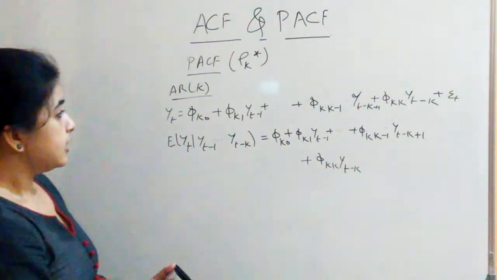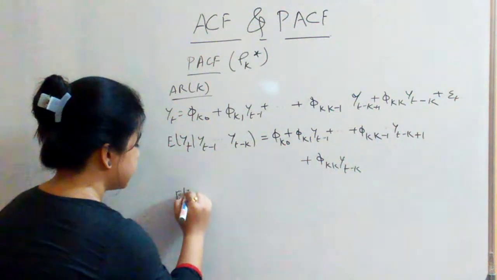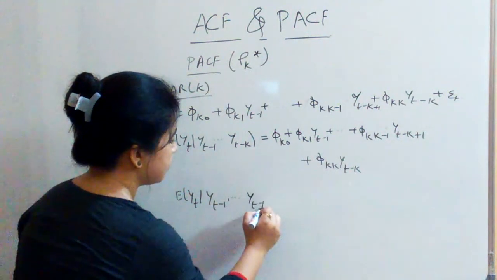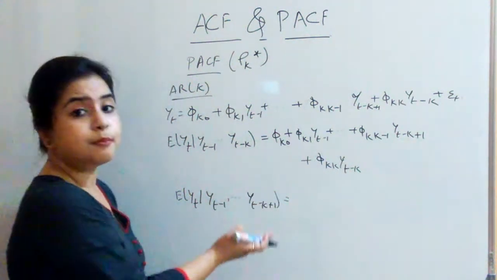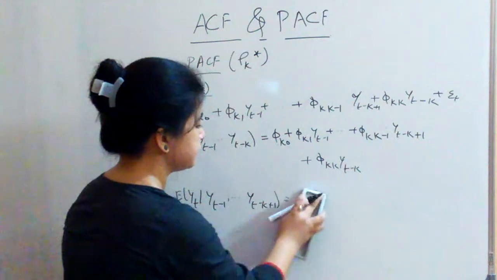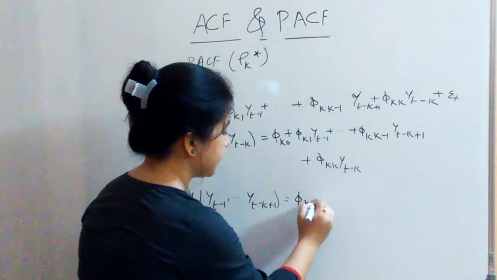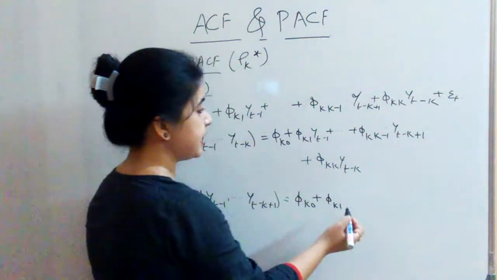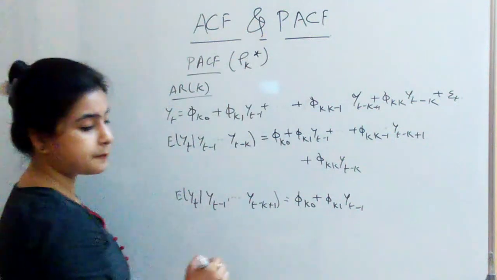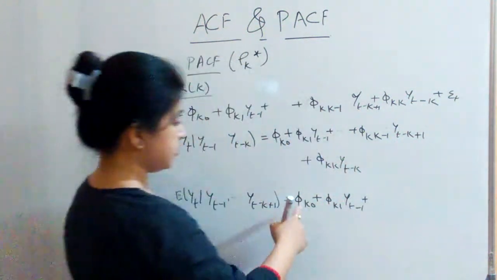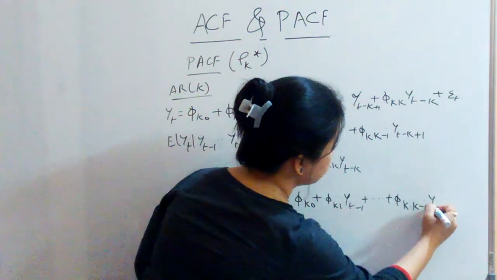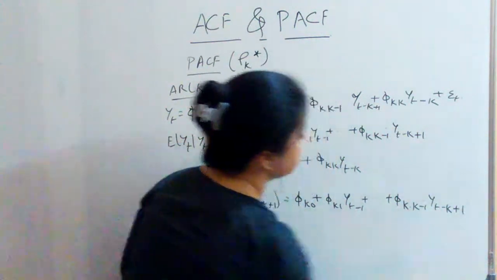And if I take the conditional expectation of yt given a term before the last term, then we have the expansion that says phi k naught plus phi k1 yt minus 1 plus dot dot plus phi k minus 1 yt minus k plus 1.